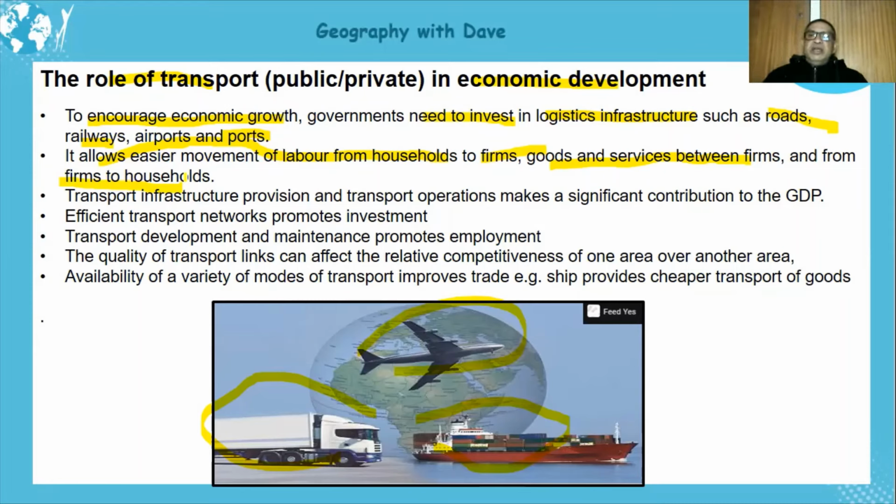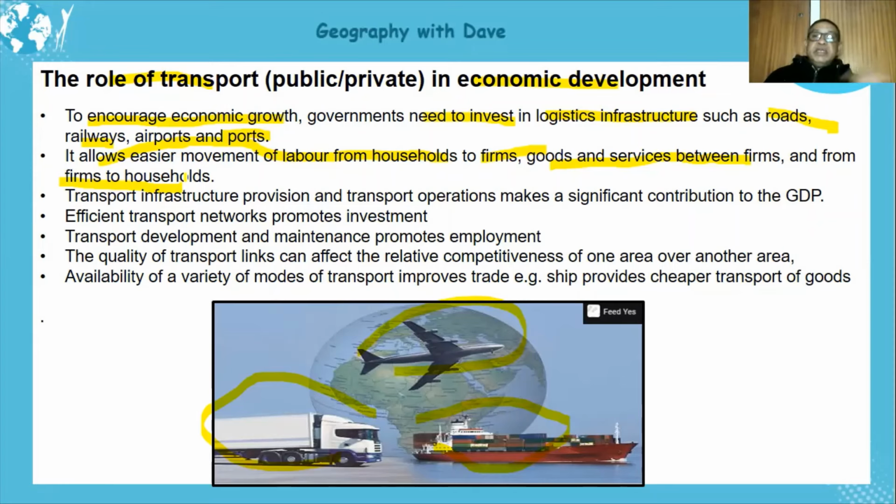Imagine you had one road leading to our CBD, which handles a lot of businesses. Imagine the traffic congestion. Okay, workers reaching late or not reaching at all. The frustration, which will reduce the productivity of the workers, that will definitely affect economic development.